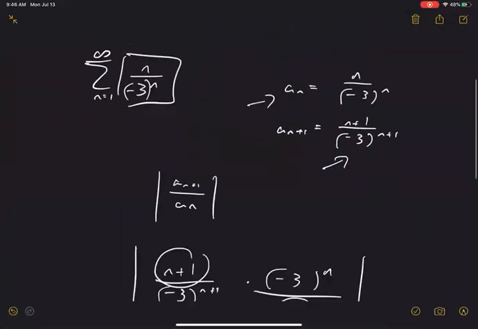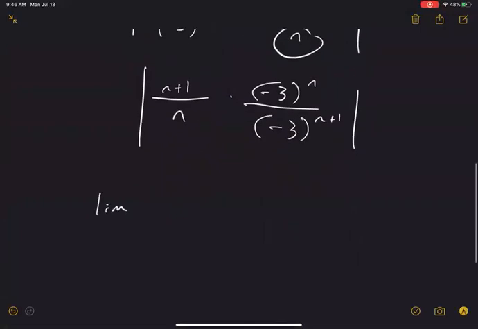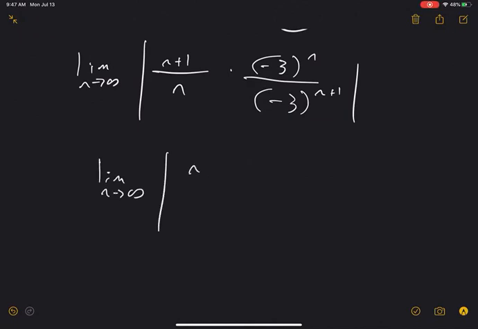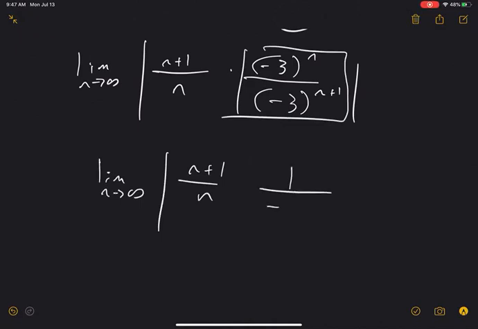And now this is going to make finding the limit a lot more simple. Remember, I want to find the limit as n approaches infinity of this. Okay. So I want to find the limit of this thing. And now that it's rearranged like this, maybe finding the limit is easy. I can just consider the pieces individually. We could simplify first though. Okay. (n+1) over n, and then this (-3)^n over (-3)^(n+1), that simplifies as -1 over -3, right?